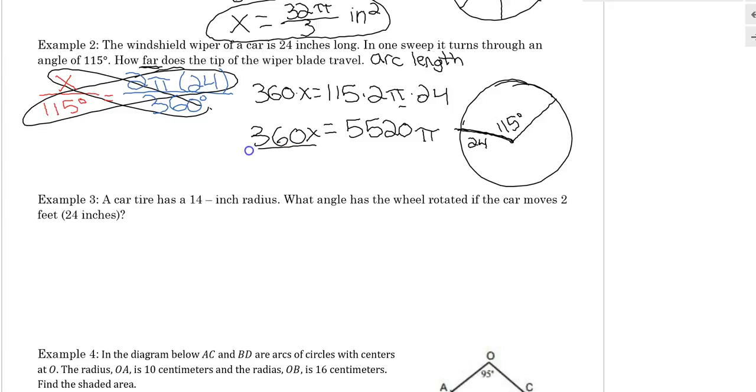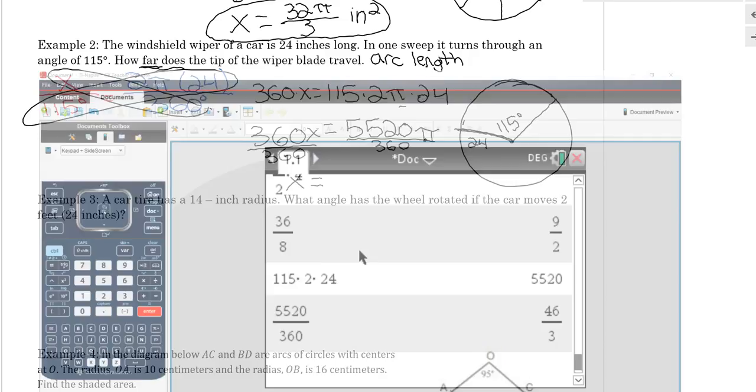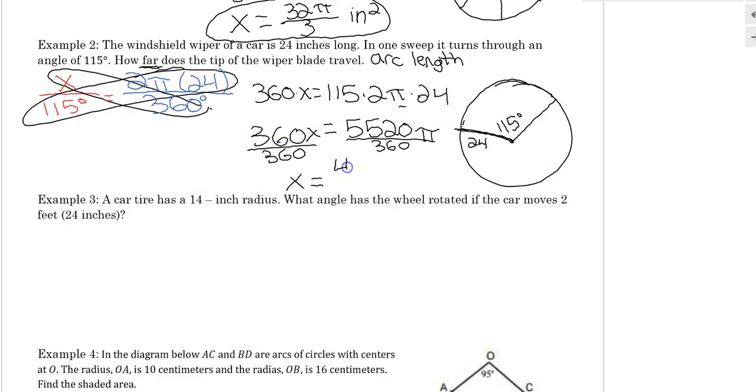Then I'm going to divide both sides by 360. 5,520 divided by 360, we get 46 pi over 3. And this is also in inches. And it's a length, so it's just inches, not squared. Okay.